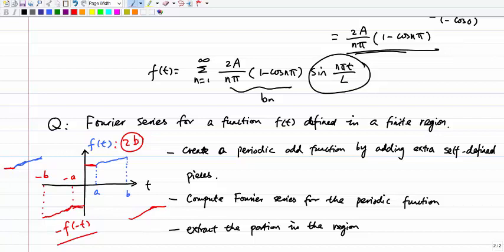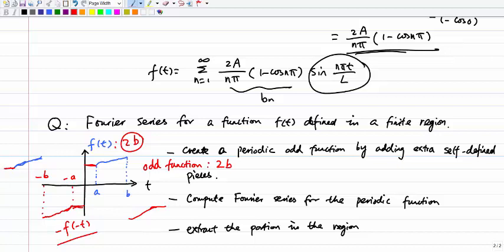Then for this one, you create a periodic function by adding self-defined pieces, like I mentioned here. Define a piece here, piece here, piece here, and you repeat these patterns. And then I can compute a Fourier series for this periodic function, right? This also is an odd function, so the period is 2b, basically.